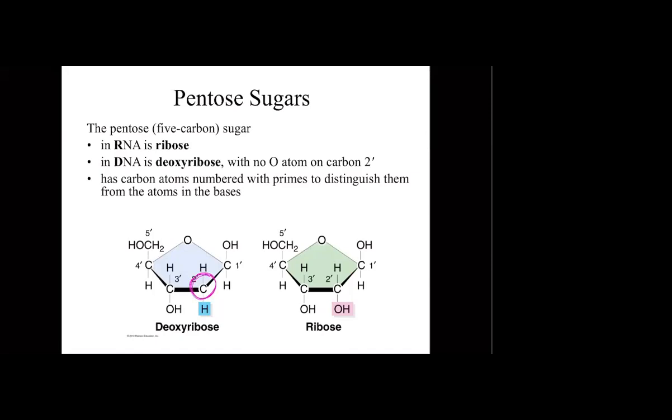Deoxy means that it doesn't have an OH at carbon 2. So remember, overall, carbon 1 in my sugar is what bonds to the nitrogen base. Carbon 5, through its OH, binds to the phosphate. Carbon 2 is the one that tells me if I have a ribose or deoxyribose. Another important position in our sugars is position 3, but we're going to study that a little bit later in this chapter.